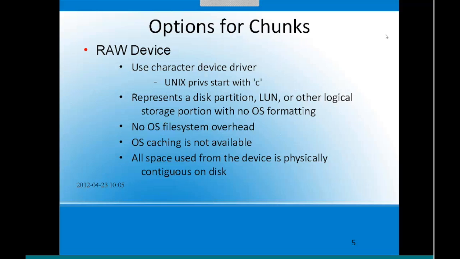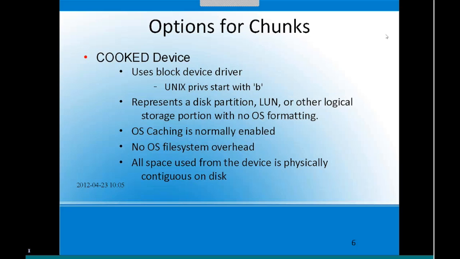Okay, the most important thing to know about raw devices, it is almost always contiguous on disk. Okay, at least within each device. If your raw device represents a LUN on an array, at least within each device, the space is contiguous.